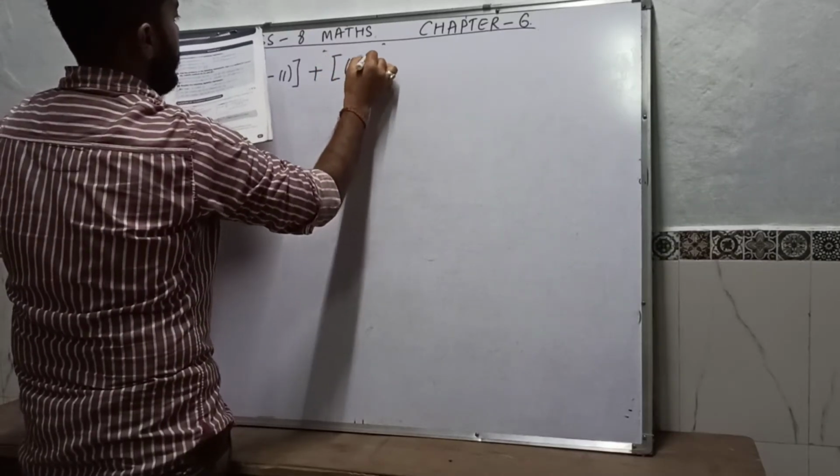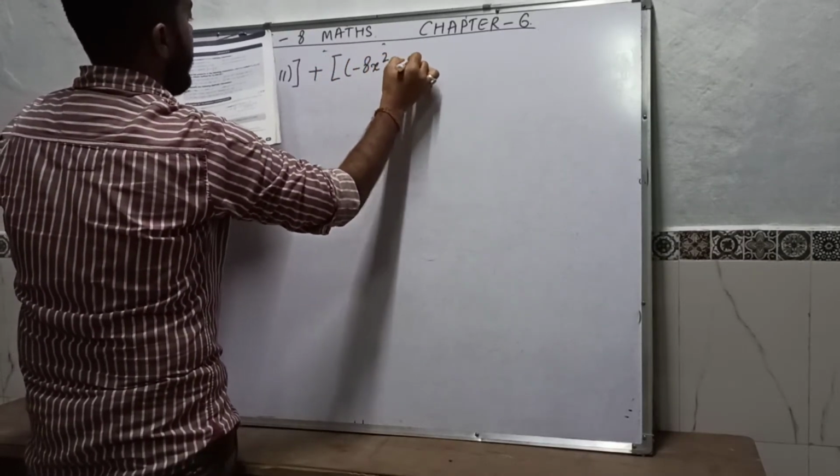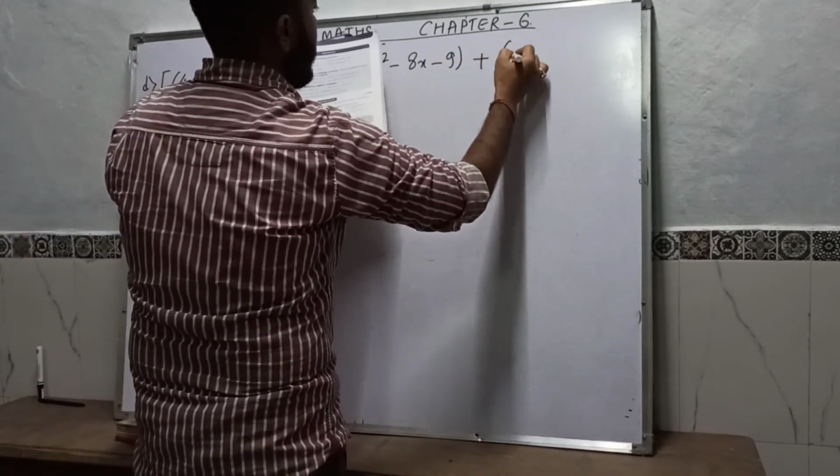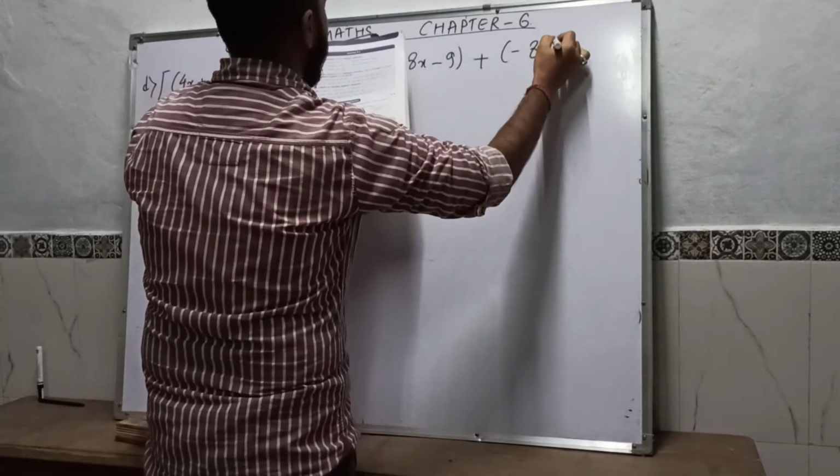Number D. So we have 4x plus 11, 12x minus 11, bracket close, plus minus 8x square minus 8x minus 9. Don't think that this question is very tough because it's very long.